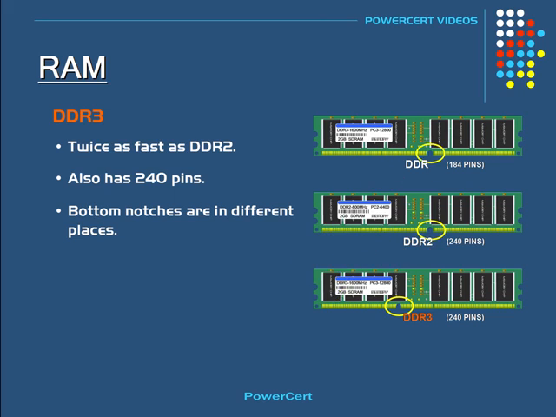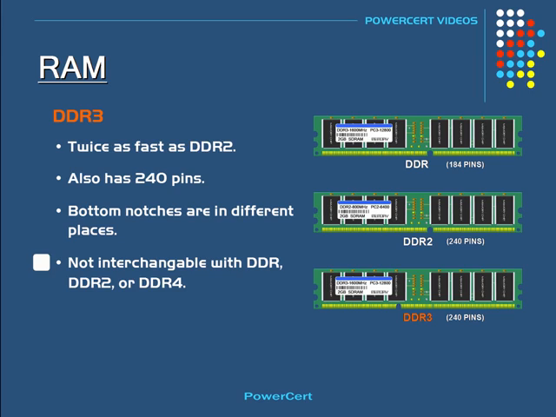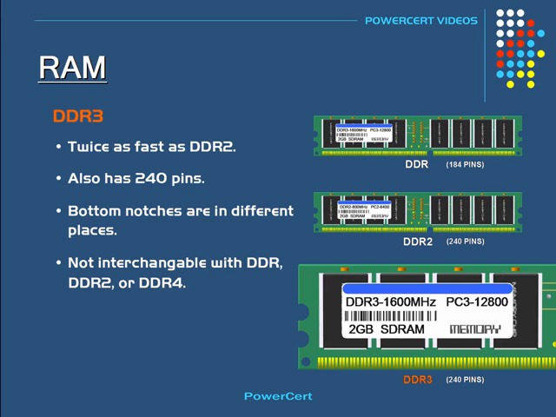So you can't put a DDR3 DIMM in a RAM slot made for a DDR2. In fact, motherboards are made to support a certain type of memory. So you can't mix DDR1, 2, 3, or 4 on the same motherboard. An example of DDR3 would be DDR3 1600 PC3 12800.